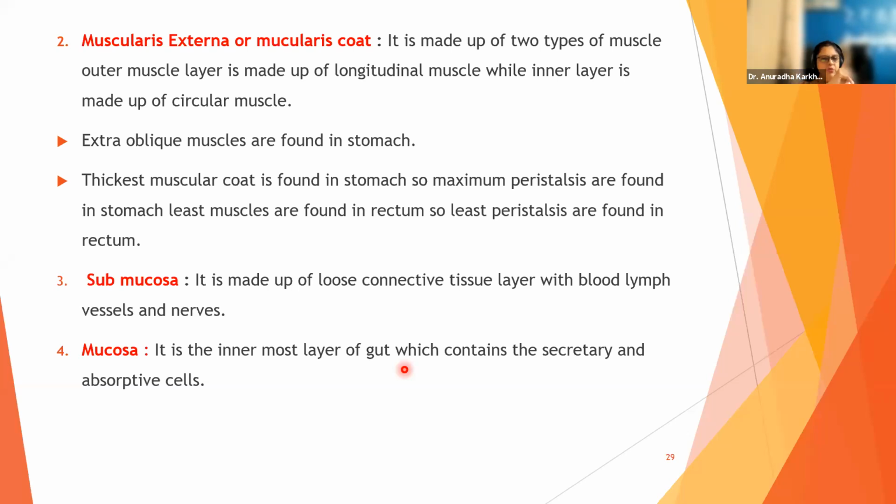The esophagus is going to be having, instead of serosa, what? A peculiar white fibrous connective tissue layer, right? On the other hand, the stomach will be having 3 types of muscles: circular, longitudinal, and oblique. Submucosa and mucosa are common to all.